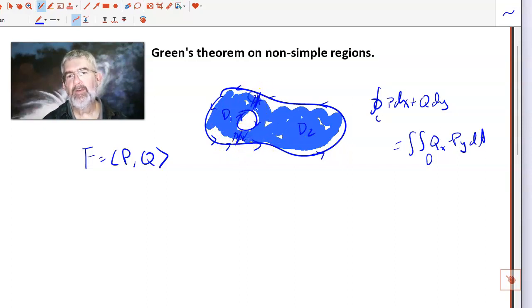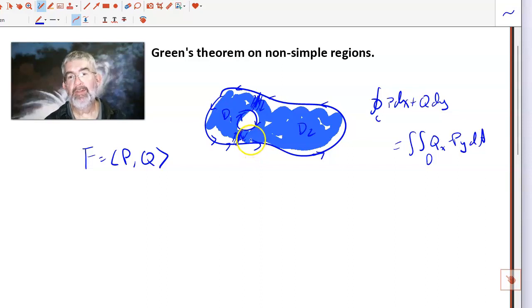Likewise here, D1 uses that edge this way and D2 that way. So I would add this in with D1, and it would be subtracted out with D2. Each of those two edges gets used in both directions, and so those cancel out.